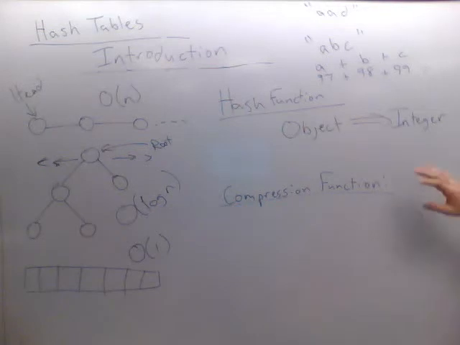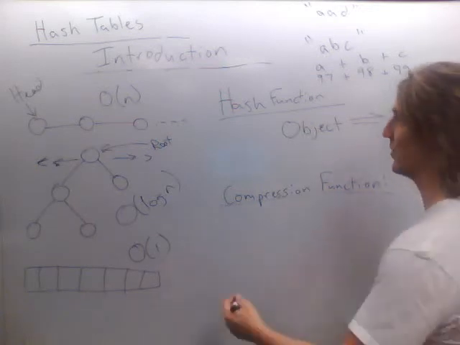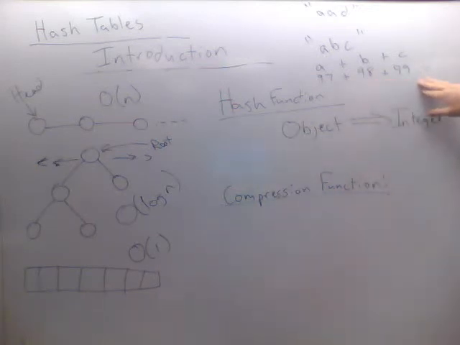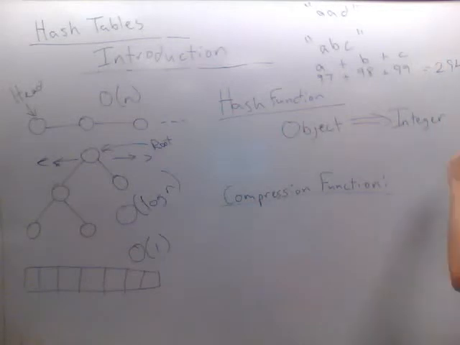Now, the only problem is that, let's say I have a hash table. This is my hash table, and I want to put this string inside here. So that 300 minus 1, 2, 3, 5, 6. So this is 294. So the string ABC should go in the 294th index of my array.